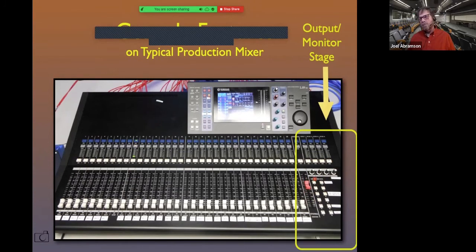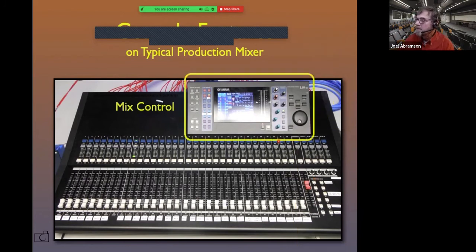Remember, in video, our monitors are the TV screens up there by the director's location. Well, in the audio booth, the monitors are those speakers on the right and left. Those are the audio monitors. So this controls the speakers.